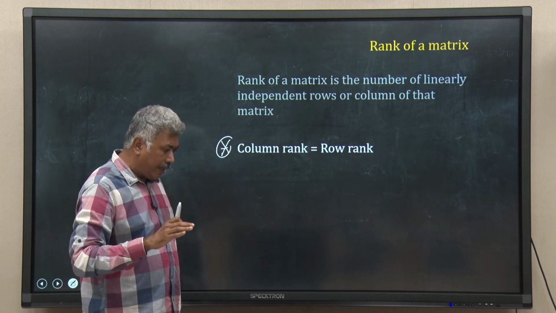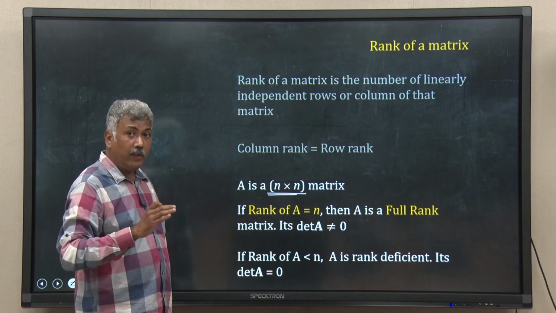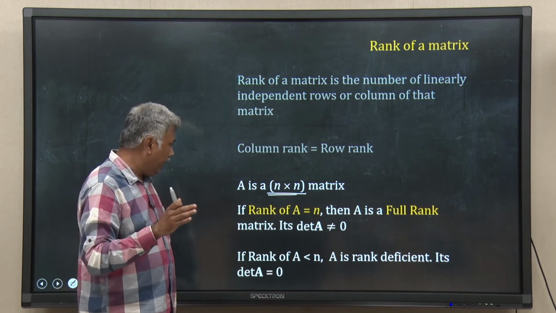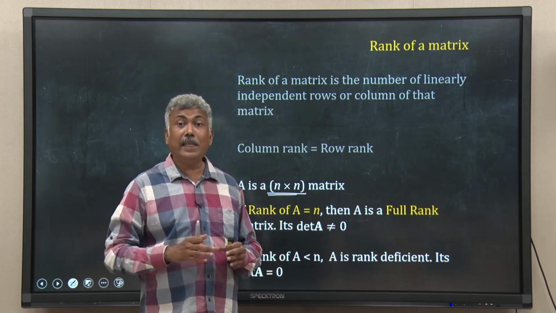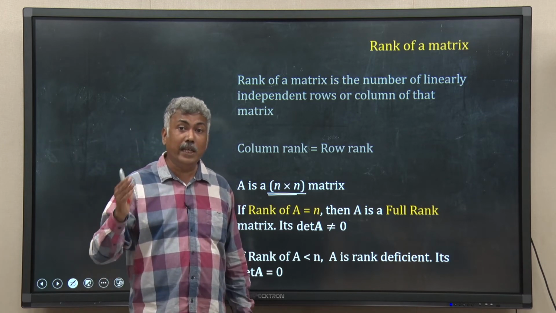Now, a square matrix, if it is n by n, the maximum rank it can have is n. So when that particular n by n matrix has a rank n, that means all columns or all rows are linearly independent.